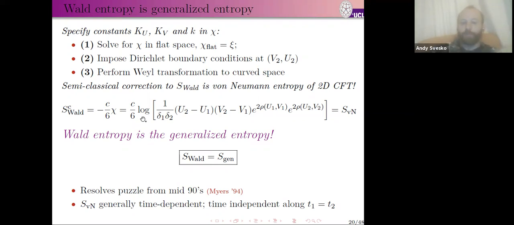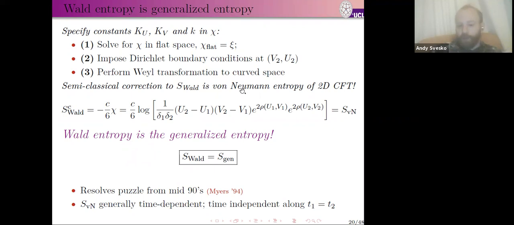And so this leads to our first big result, which is that the gravitational Wald entropy, with this solution for chi that was seemingly unnoticed in the literature, can exactly capture the full generalized entropy. This resolves a puzzle from the mid-90s in the flat space models, where it was shown that the Wald entropy seemingly only captures a part of the von Neumann entropy.